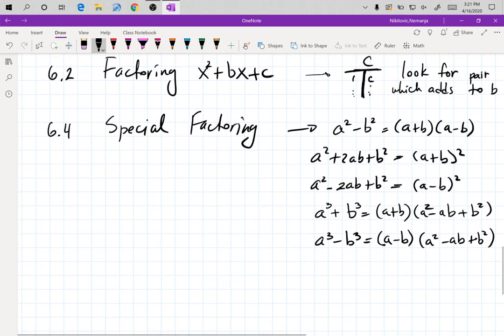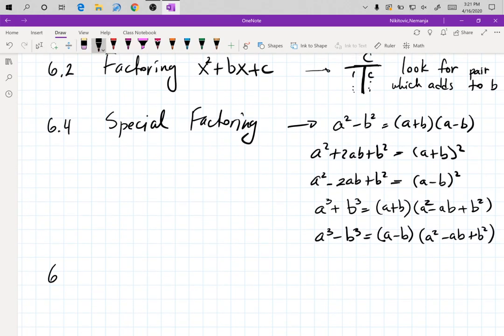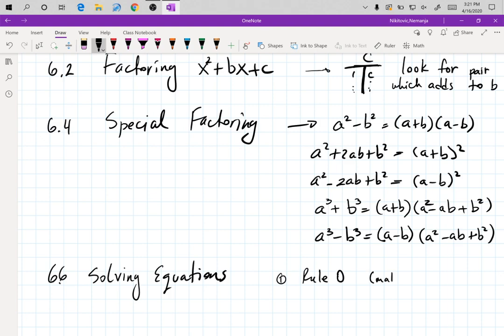Last is 6.6, solving equations, and that was the last thing we covered. To solve equations, it was a procedure, like a rule. The steps were: rule 0, make the equation equal to 0.